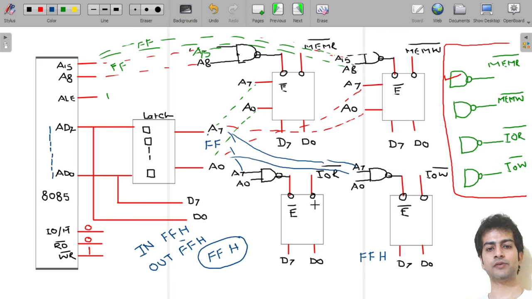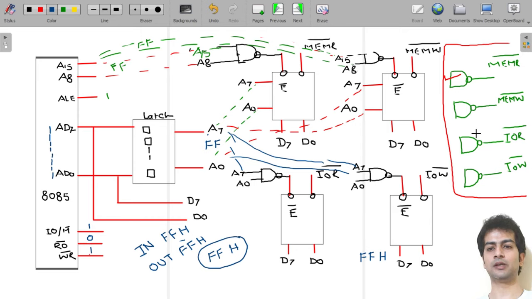But this will be activated, and this will not be activated, because we want a read operation. So if we want a read operation, what will be the status of our control signals? The status will be 1 0 1.